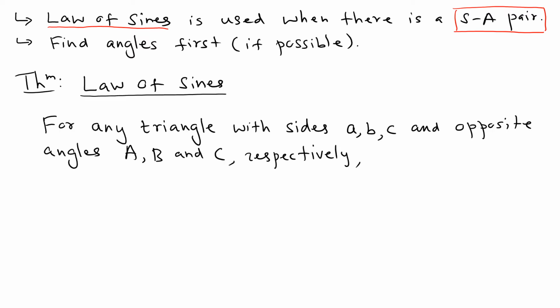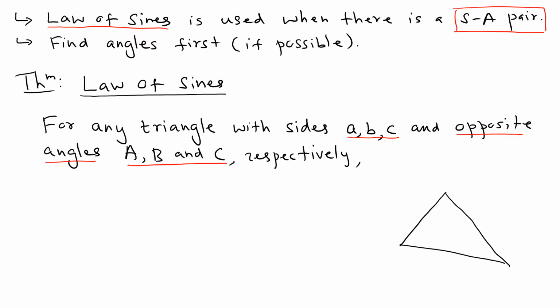The law of sines says that for any triangle with sides a, b, c, the corresponding angles opposite to those sides are A, B, C respectively. So let's look at a triangle. It can be any triangle.